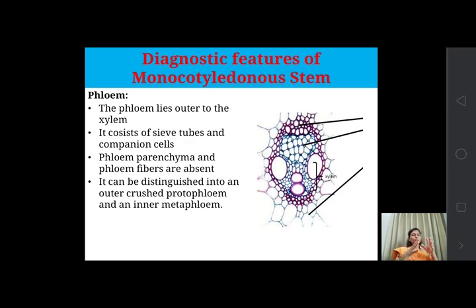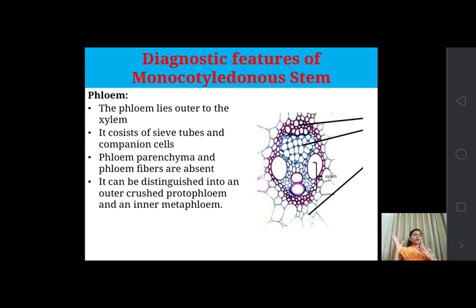But in the monocotyledonous stem, it is not distinguished. It does not show any endodermis or pericycle, so the tissue is spread all over the body.